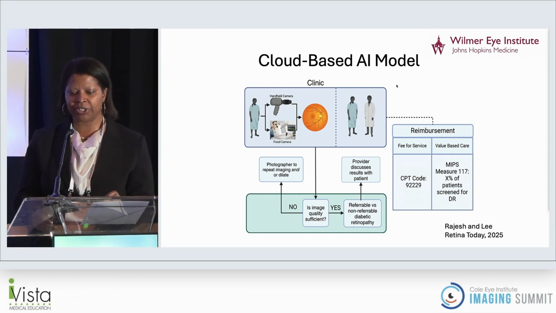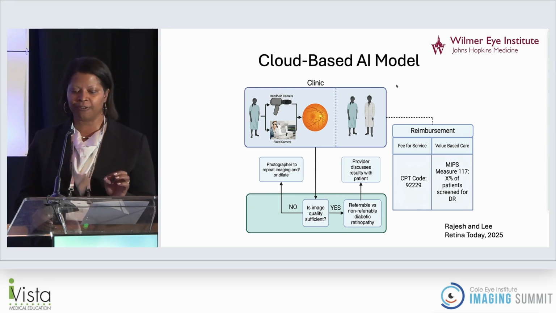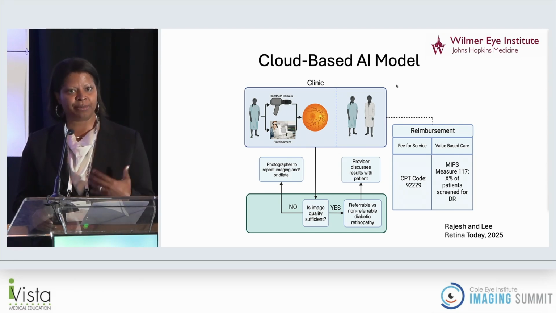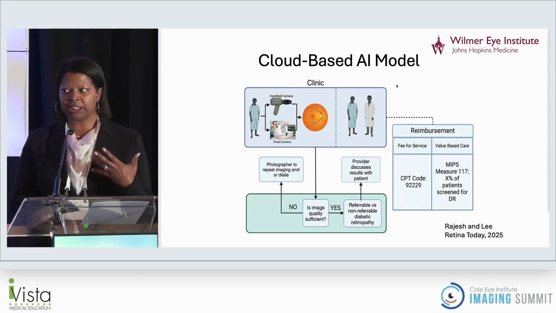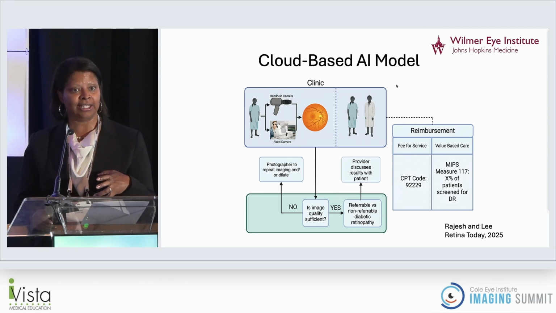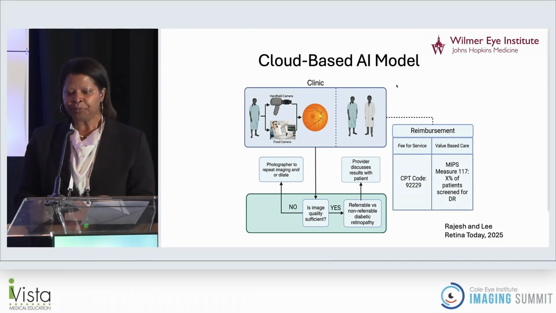If it is sufficient, the image is programmed to say whether referable or non-referable diabetic retinopathy is present. The responsibility is on the particular clinician to discuss the results with the patient, especially if a referral is needed, and the onus is on the practice that obtained the picture. Somehow they have to notify the patient that an abnormality was found by the AI.